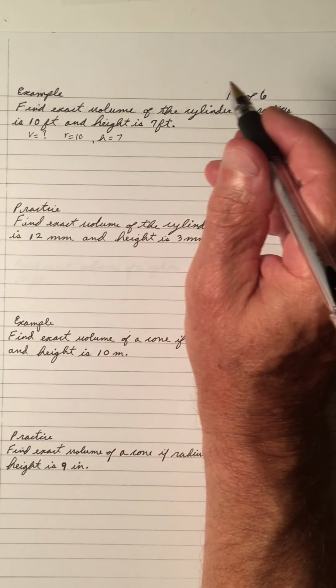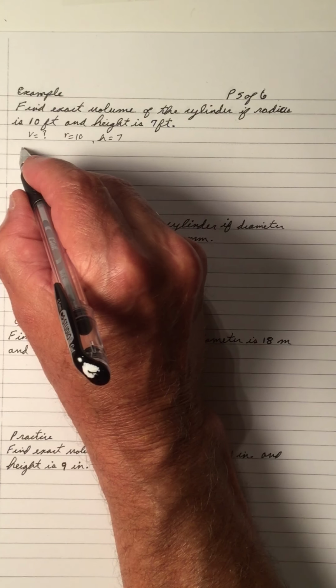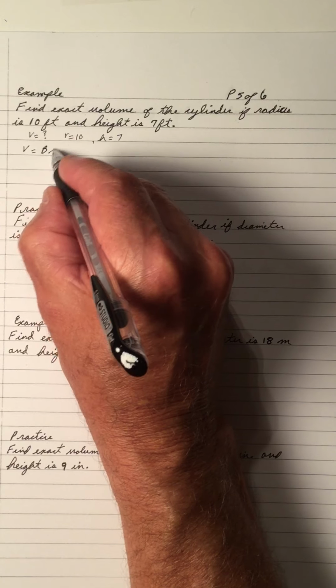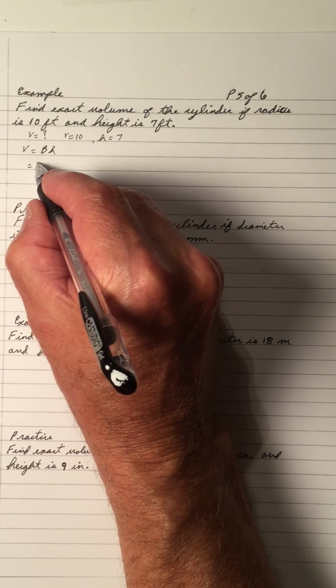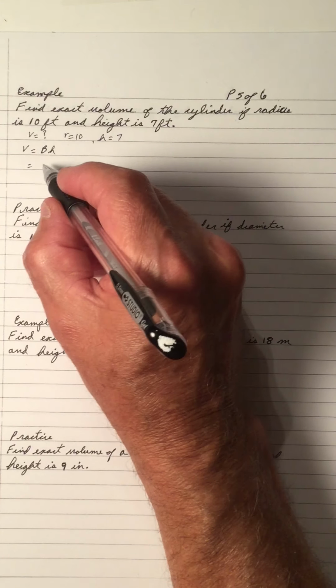So when we think of the formula for the volume of a cylinder, the volume of a cylinder is base area times height. The base of a cylinder, and we drew one just then, is a circle.